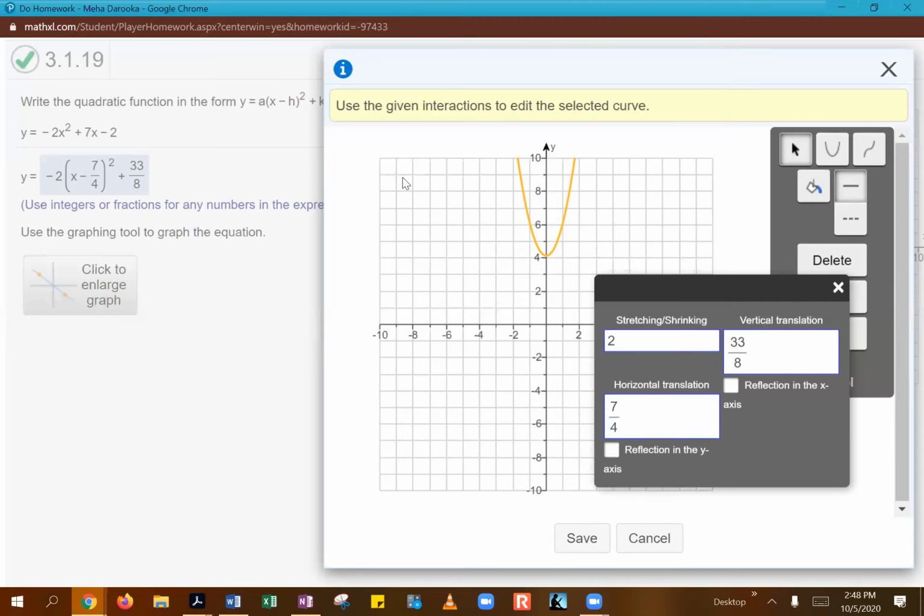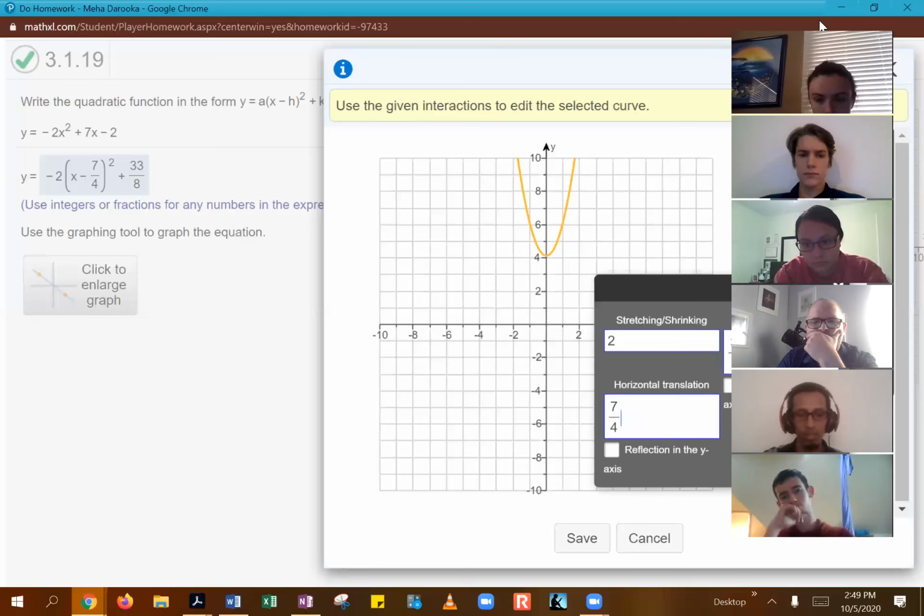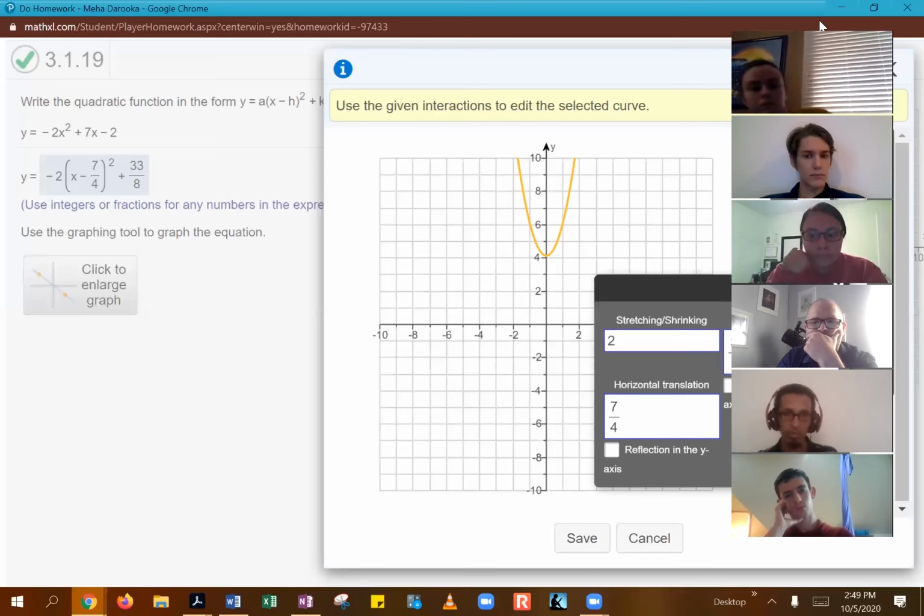And then what do we do with that negative sign in front of the 2? So for the negative sign in front of the 2, what are we going to do? Yeah, and with which axis? The reflection for which axis? Because there's 2 boxes. Always the x. Yes, very nice.